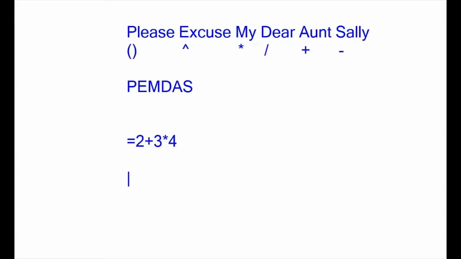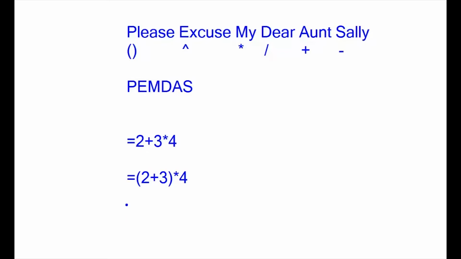For many folks, is 2 plus 3 is 5 times 4. We need to remember that Excel does indeed follow the order of mathematical operations. 2 plus 3, close parenthesis, asterisk 4. Those two formulas, although they look virtually identical, yield different answers.